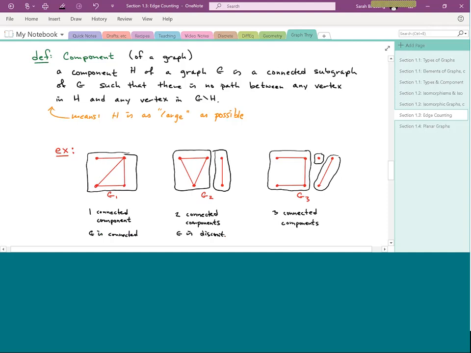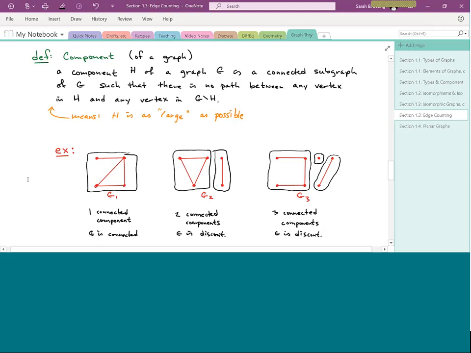Yeah, so that actually is an alternative way to define disconnected graphs. You are a disconnected graph if you have more than one component. Or, alternatively, you are a connected graph exactly when you have one component. So this is one of the ways to look at connected versus disconnected graphs.